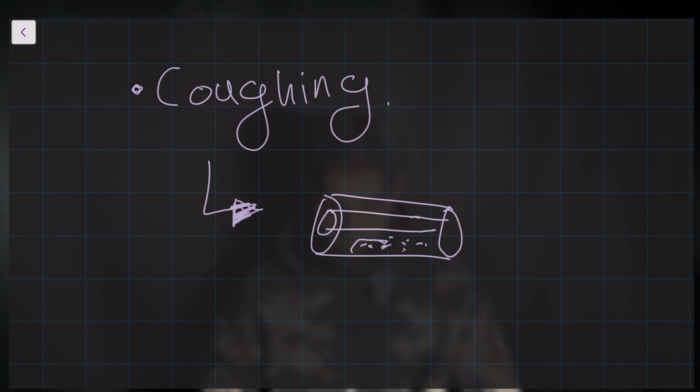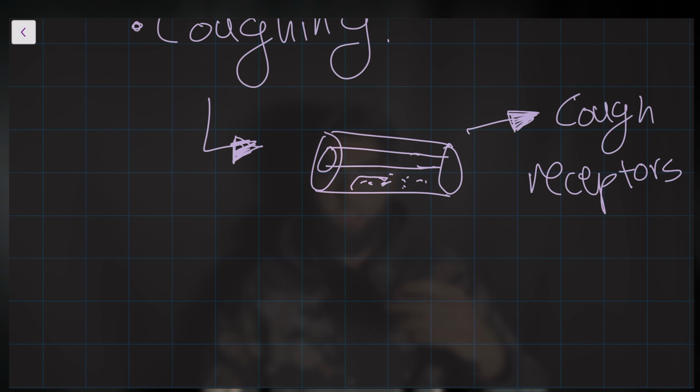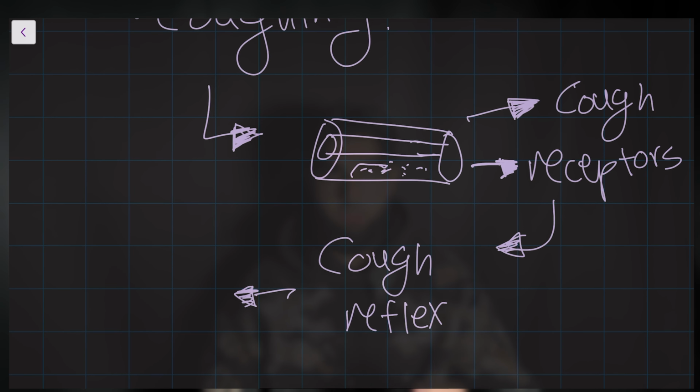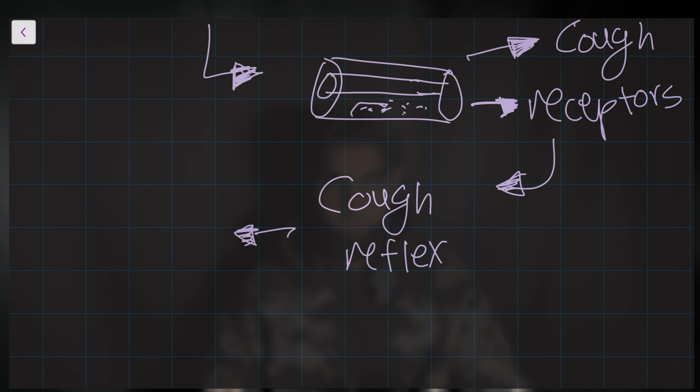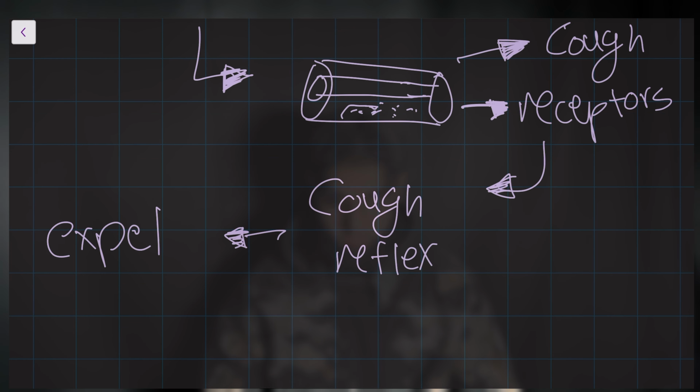And this constriction can activate the cough receptors, right? It can be the constriction or the actual physical, chemical irritants themselves that can activate these cough receptors, which will trigger the cough reflex, right? And the reflex is realistically there to help us prevent inhaling particles that shouldn't be there in the first place. So it's trying to expel the particles and the irritants that are within the lungs.